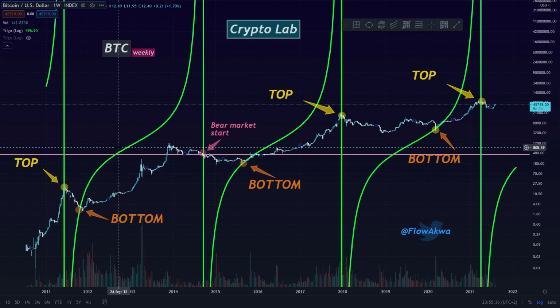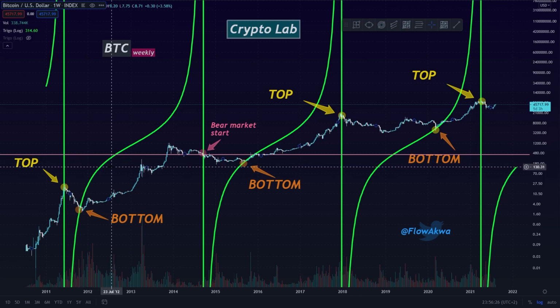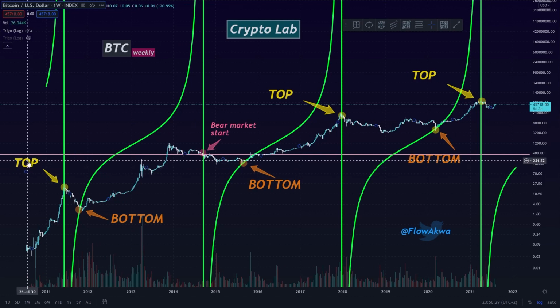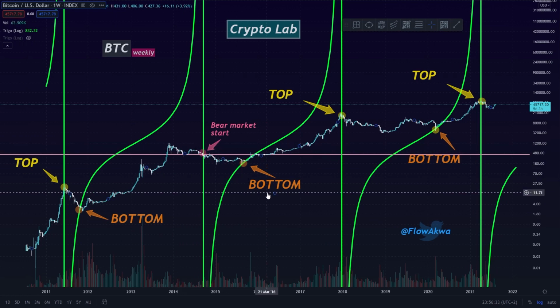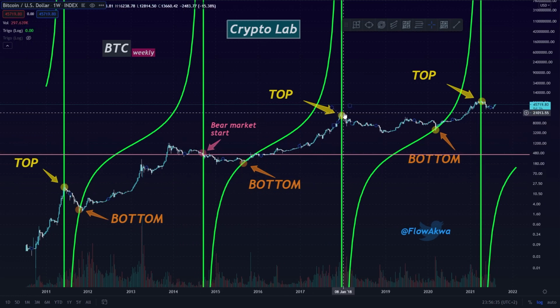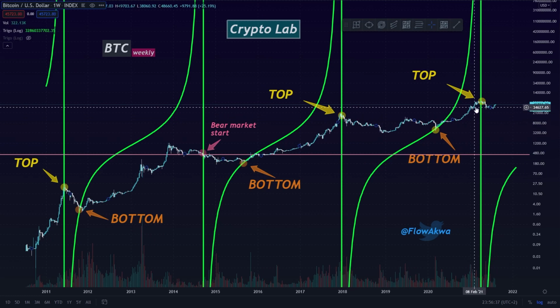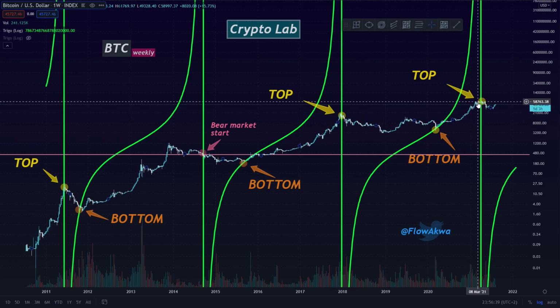If this doesn't blow your mind, I don't know what can. So let's sum up. We have 1, 2, 3, 4, 5, 6, 7 crosses with the tangent indicator. And every time it was a big event in the market.